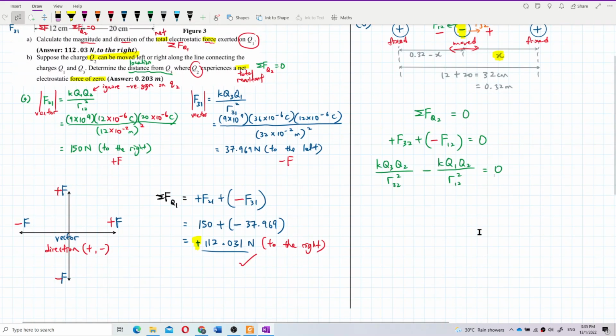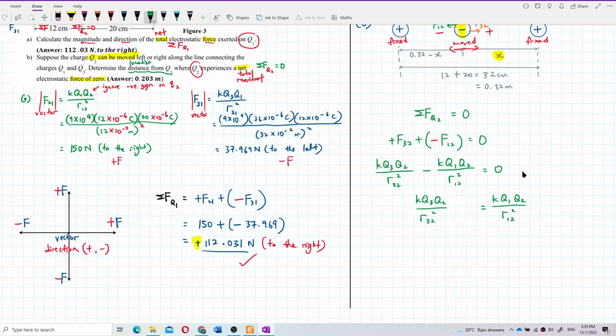The negative term can go to the other side and become positive, so k q3 q2 over r32 squared equals k q1 q2 over r12 squared. This k we can cancel because it is common, and Q2 is also common, so it can be cancelled too.